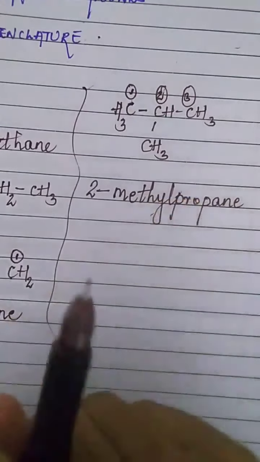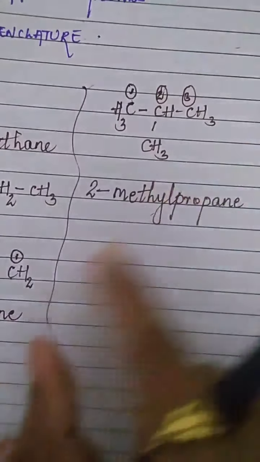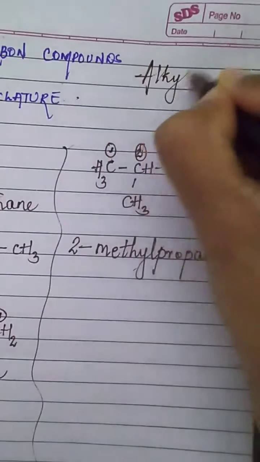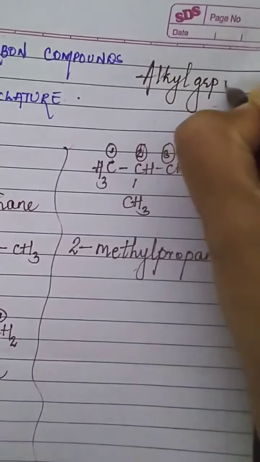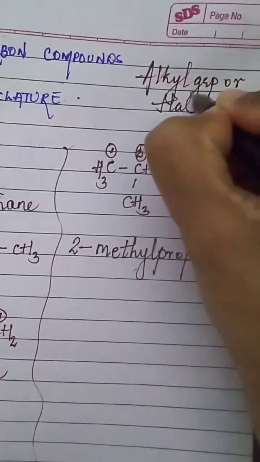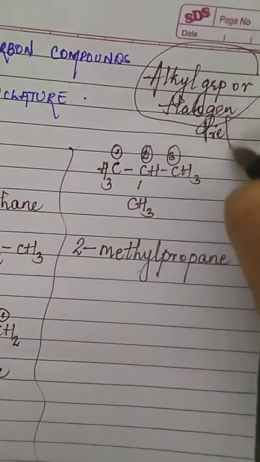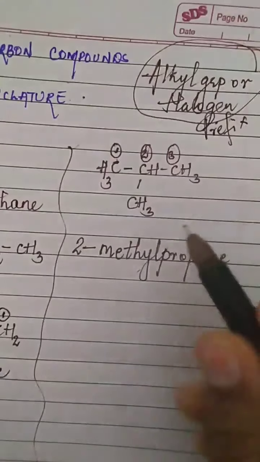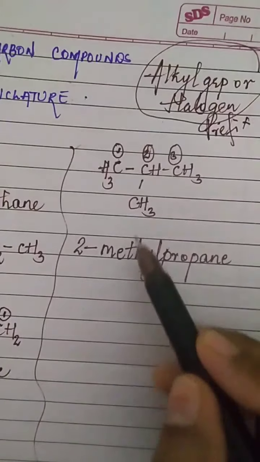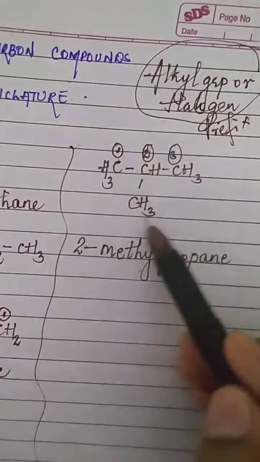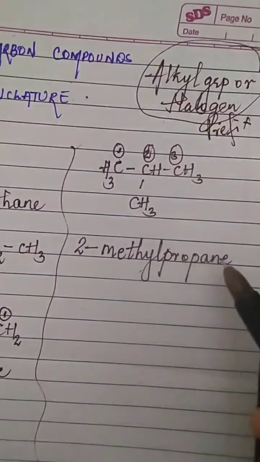Any halogen or alkyl group will come as prefix. You have to remember this. Any alkyl group or halogen will come as prefix, the one you attach before the parent. So here the parent is methane, ethane, propane, and there is an attachment, methyl. So 2-methylpropane.